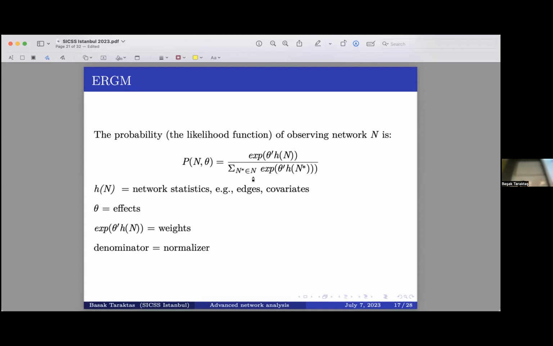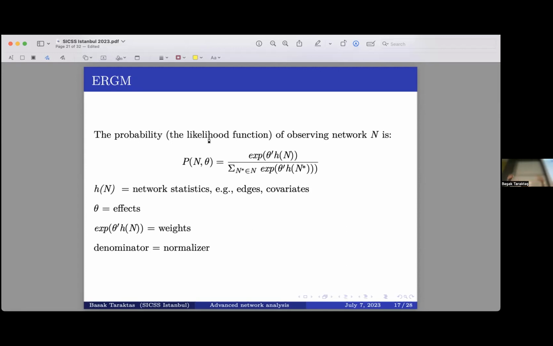What does that mean? The whole idea behind exponential random graphs is that you're going to basically simulate a bunch of graphs that have these properties that you're interested in studying, like race or number of degrees, number of triangles, something like that, okay?